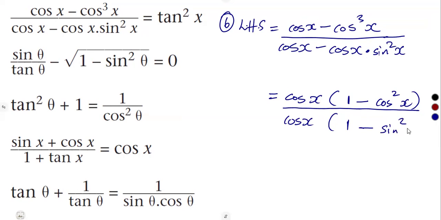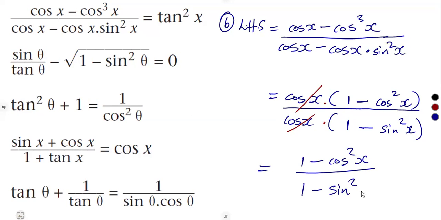As we have the numerator and the denominator, this is a product, so you can even cancel the cos of x and cos of x, but these two cannot cancel. So we are having 1 minus cos squared of x over 1 minus the sine squared of x. This is where we are.